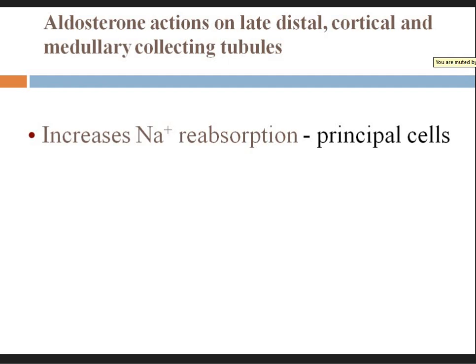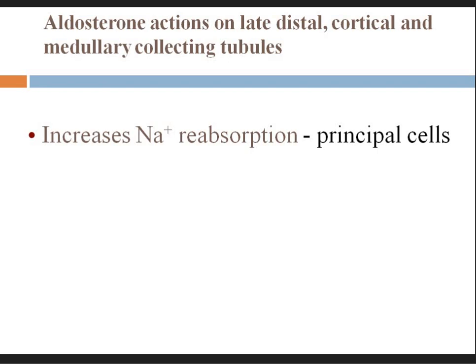So coming to the role of various hormones in causing reabsorption of various substances. First and foremost is aldosterone. As we all know, it acts on the late distal tubules and the cortical and medullary collecting tubules. So these are the sites where aldosterone acts. And in these areas, there are two types of cells, principal cells and intercalated cells. Principal cells cause increased sodium reabsorption.